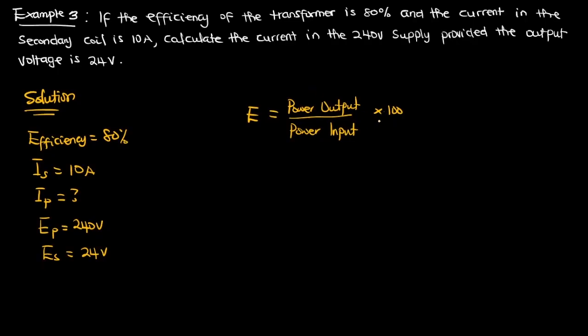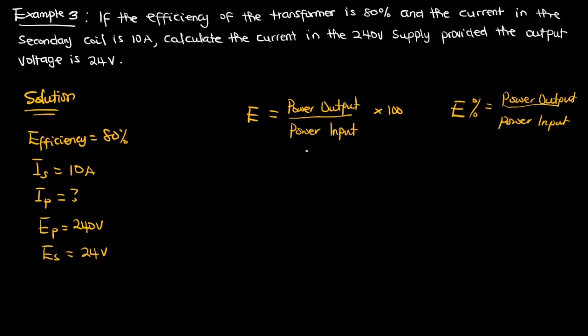So if you have the efficiency already given to you in percentage, we can take off the 100 over here. It's just equal to power output over power input, right? Because the percentage has already been brought over to this side.